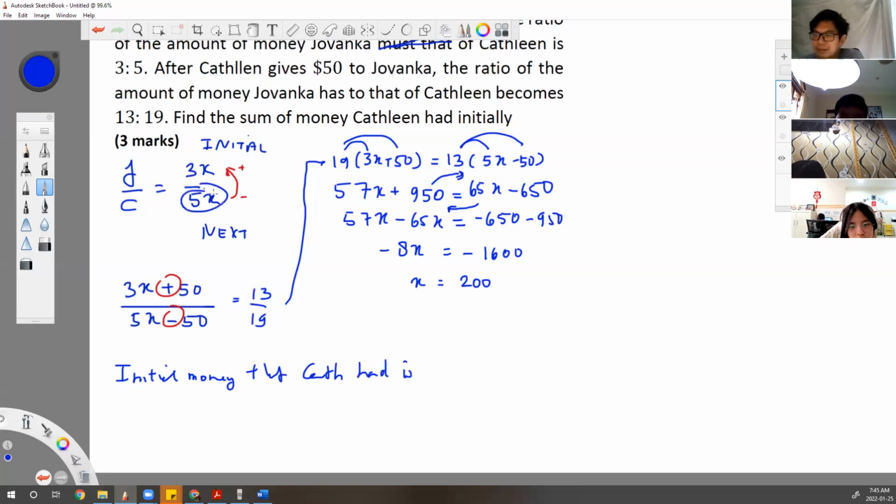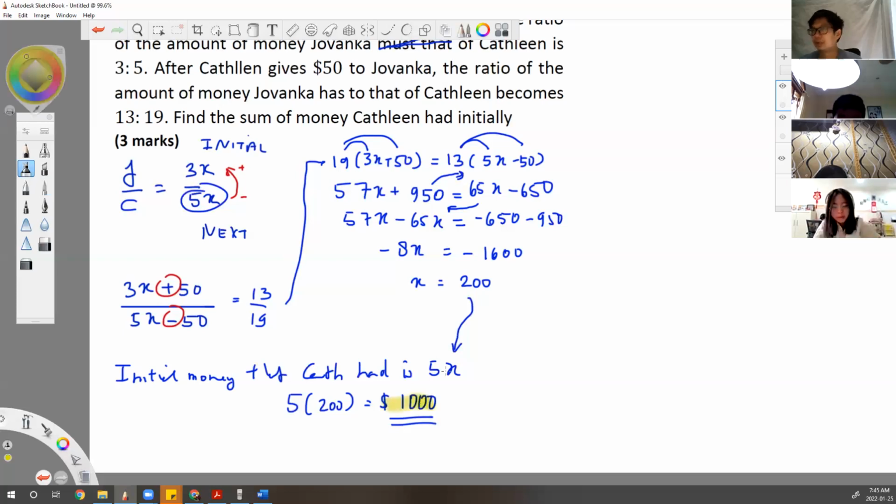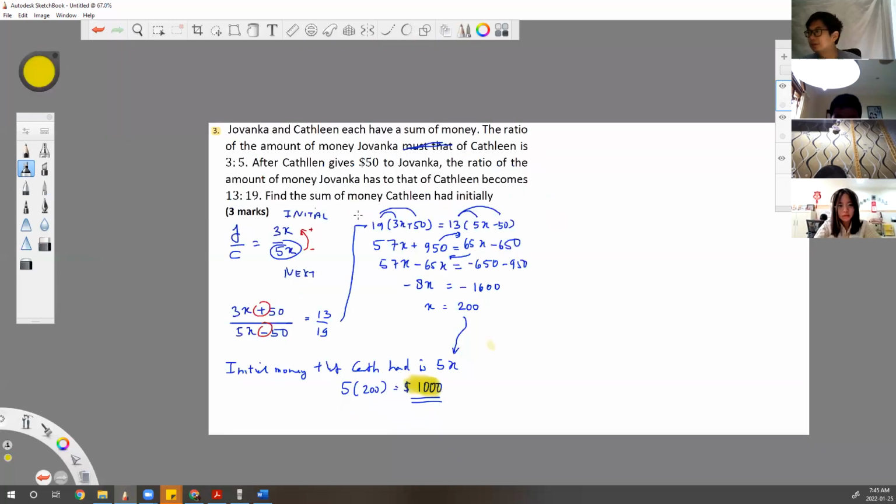The initial part, 5x, and you can substitute the x by 200. So 5 times 200 equals $1,000. Wow. Okay, that's the answer for number 3. Hard, yes, but still doable.